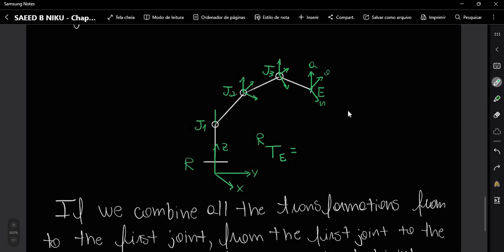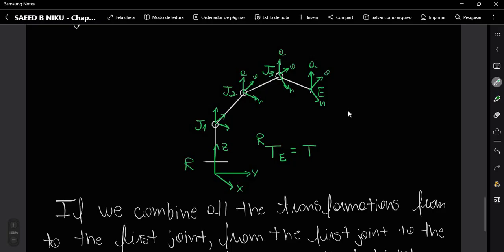So to each joint we can attach this reference frame, which is referenced to this XYZ fixed frame. So right here again, we can write, again, we always need a reference to write a transformation.